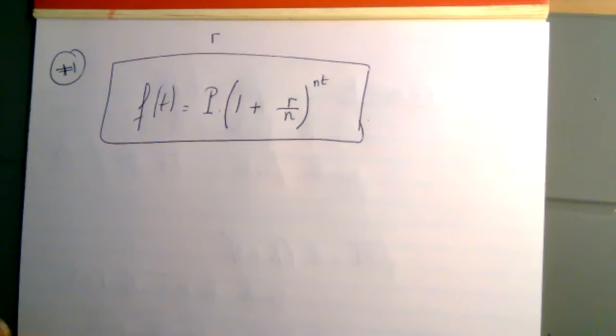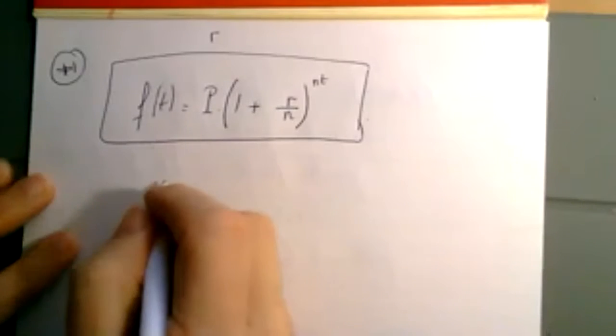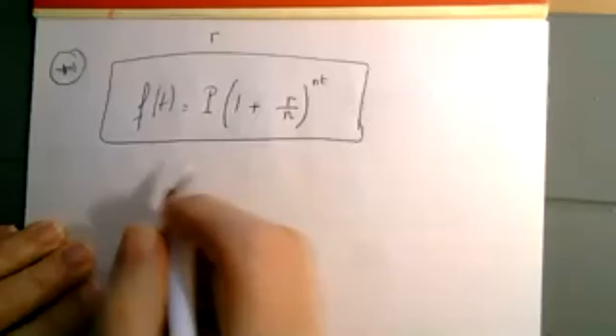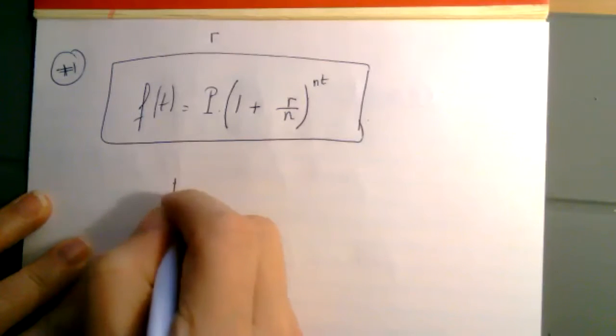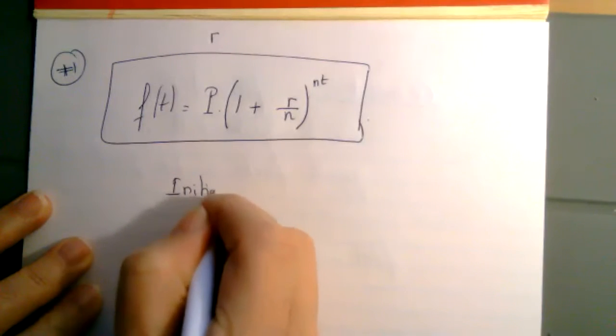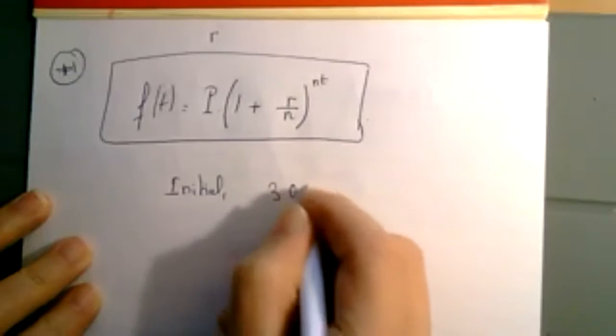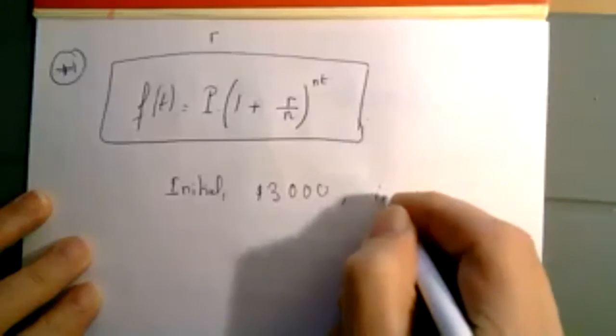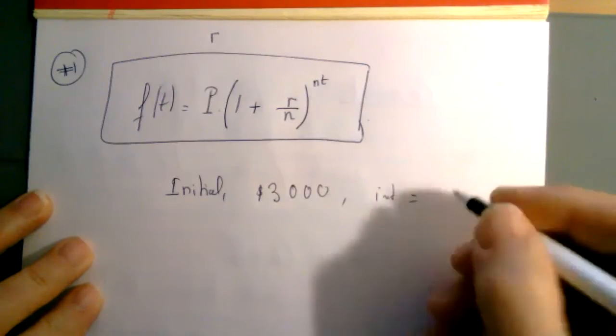You know, every word of it, so we know it. So number one is, initially, we're gonna deposit how much? $3,000. So that's the initial amount. So I put initial $3,000. And the interest is 4%.